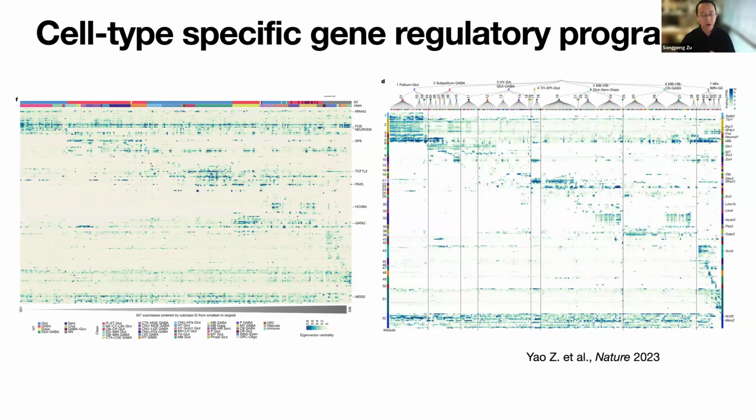We also compare our result with Allen's analysis. In Allen's paper, they only use single-cell RNA-seq data, trying to identify the important transcription factors that define the corresponding subclasses.